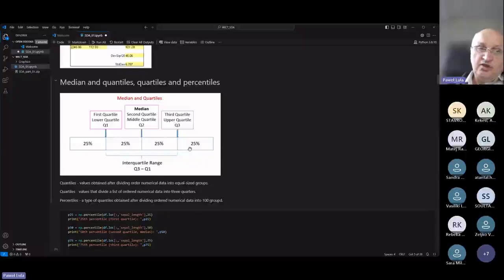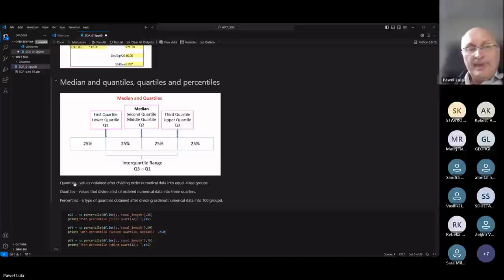So after dividing these values into equal groups, I should check the values which I have on the borders between these groups. And generally speaking, these values are called quantiles.